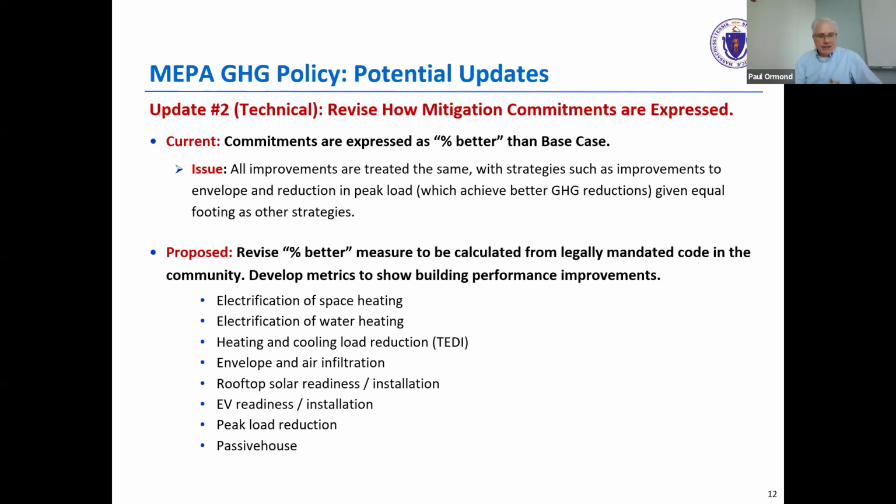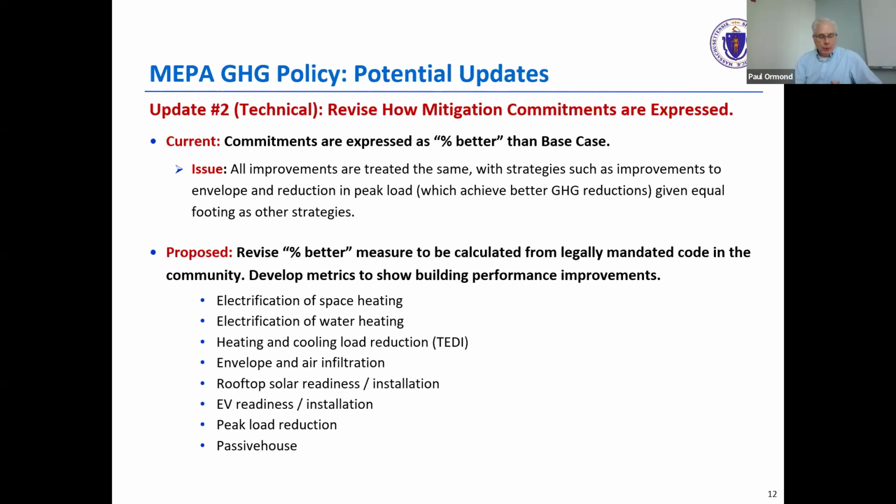We think that's a very out-of-date way to think about mitigation in the context of buildings, because building decarbonization has more dimensions to it than just % reduction of that nature.